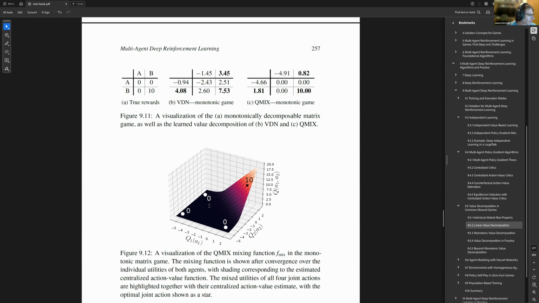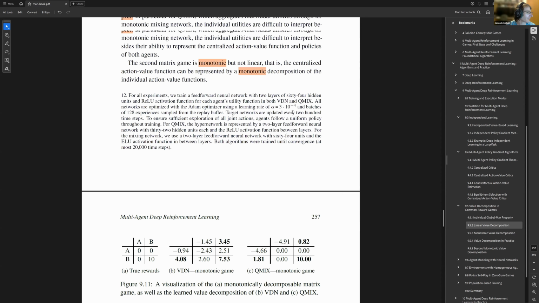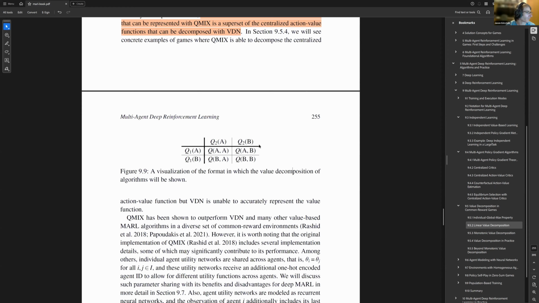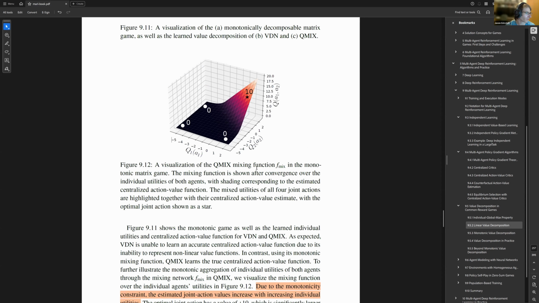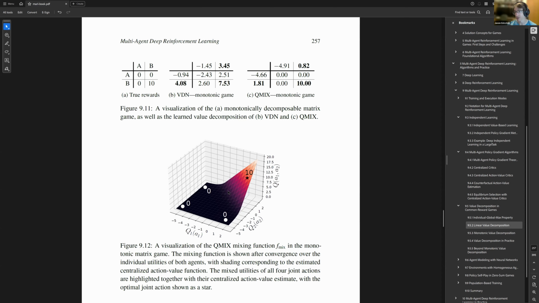And because of these 4 zeros, it clearly doesn't have a shape where you could draw a plane in the space and hit all the points, which is the case for this first example we looked at. We can draw a plane. You could see the symmetrical nature with the 5s. You could draw a plane through this surface, and that means you could do a linear decomposition of this function. This one, on the other hand, does not have a linear decomposition that works.